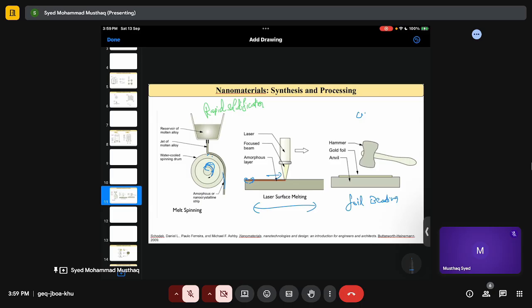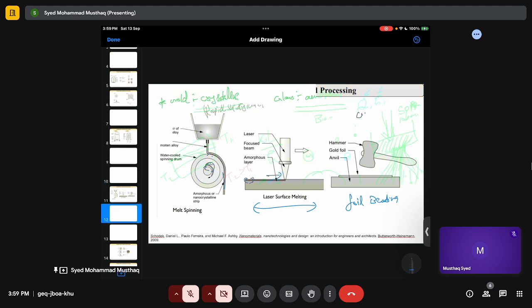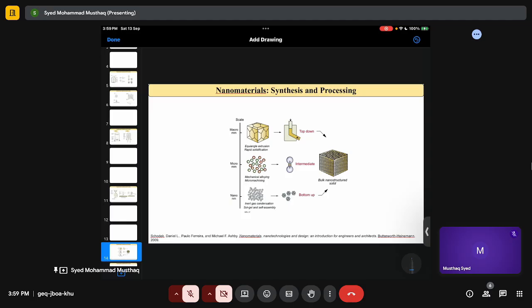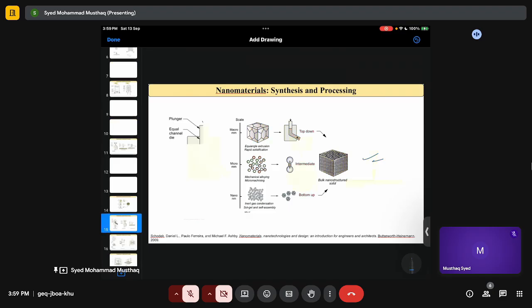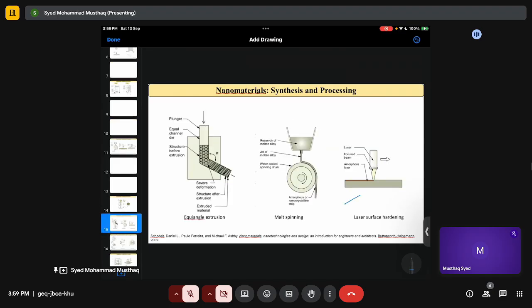Okay. Now, as we have discussed this, there is no need to discuss again. So the same laser ablation, laser surface melting, melt spinning, and here you just deform in such a way that you have elongated grains.